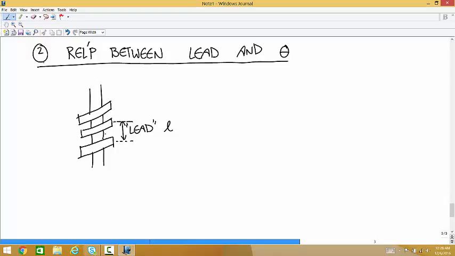Okay, so if you imagine taking this thread and straightening it out, you get a triangle that looks like this, where the height change is L, that's the lead. The horizontal distance would be the circumference, 2 pi r.